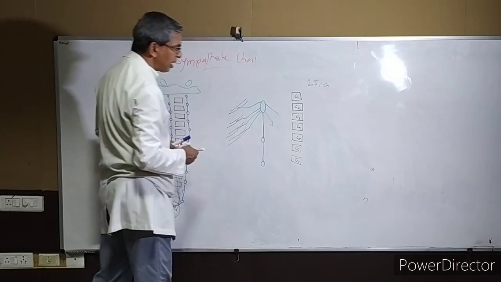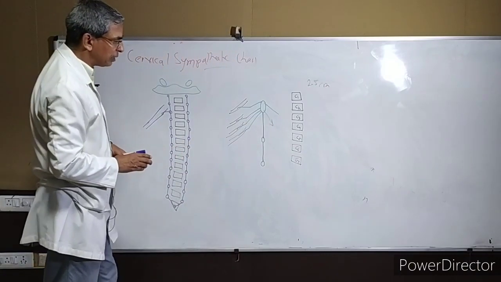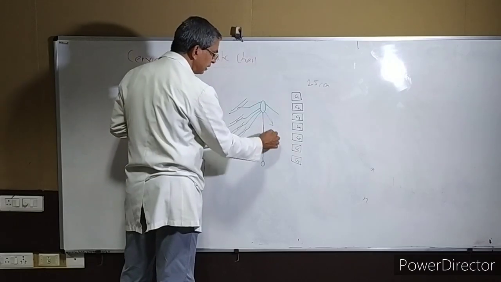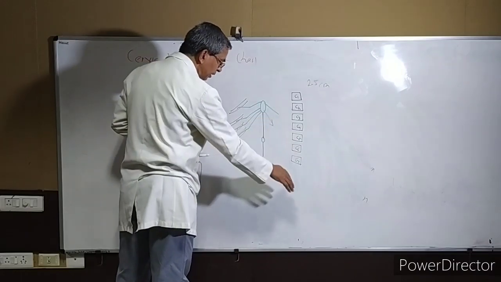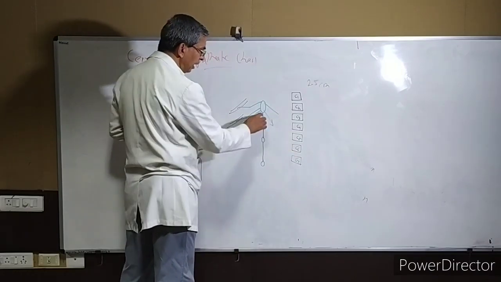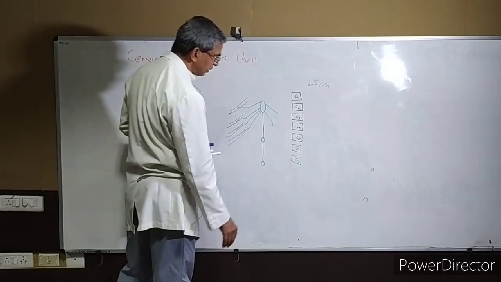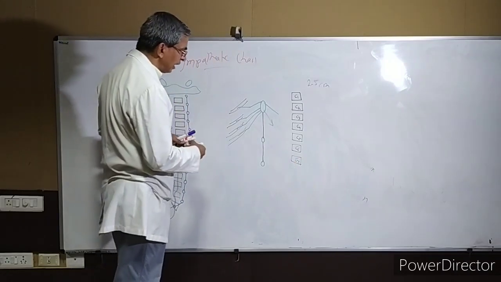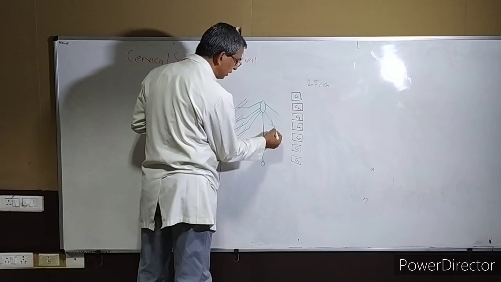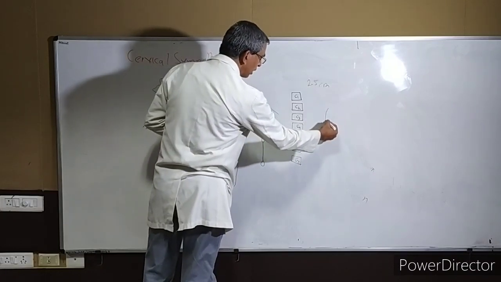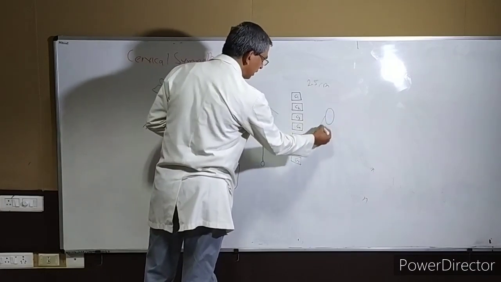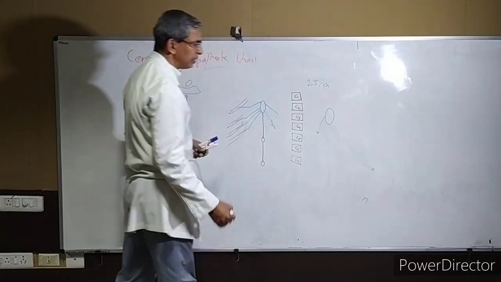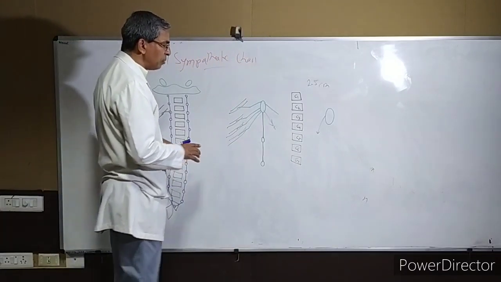They come from the medial side of the superior cervical ganglia, descend downward, enter into the thoracic cavity and form plexuses. On the right side, they form the deep cardiac plexus, while on the left side, the cardiac branches form the superficial cardiac plexus. So these are the medial branches.